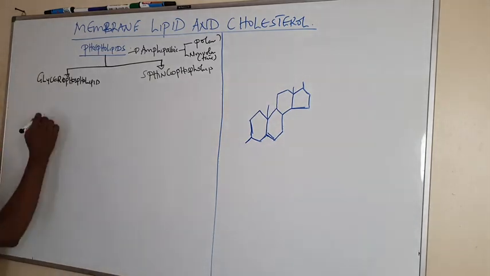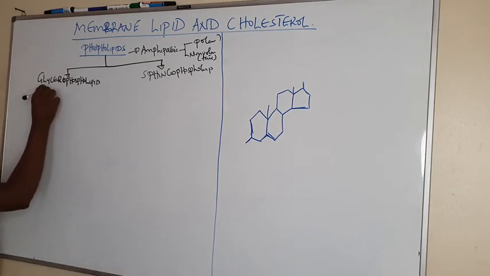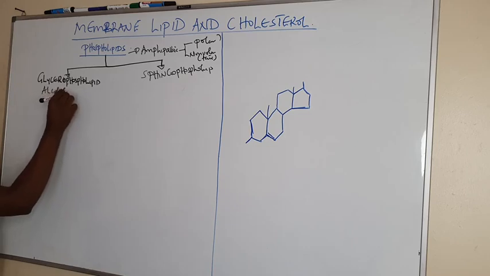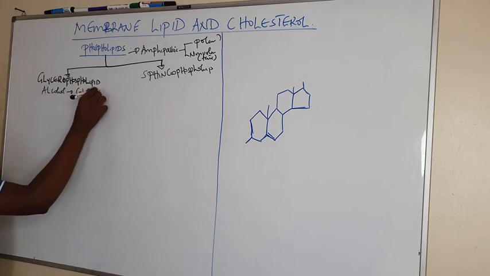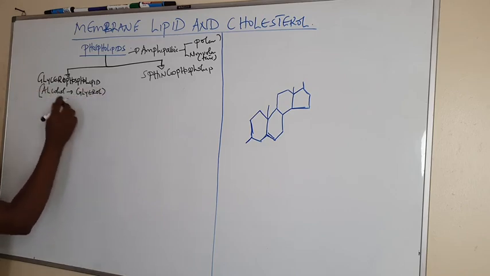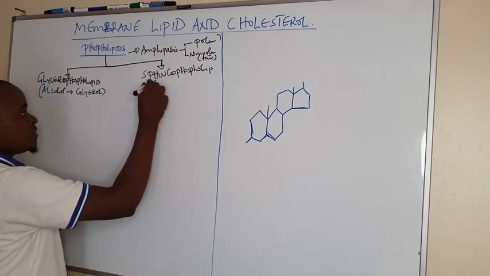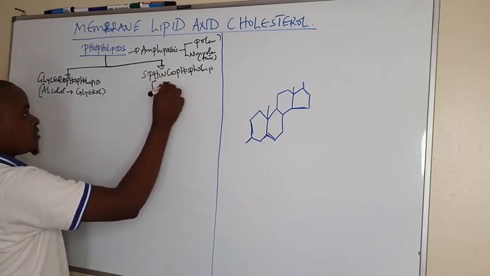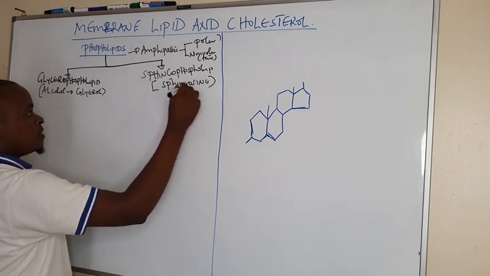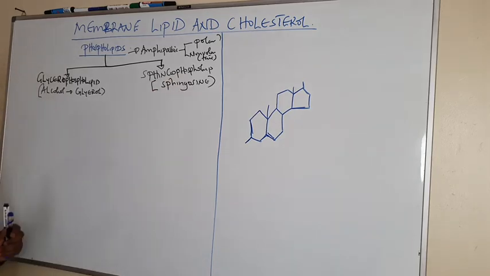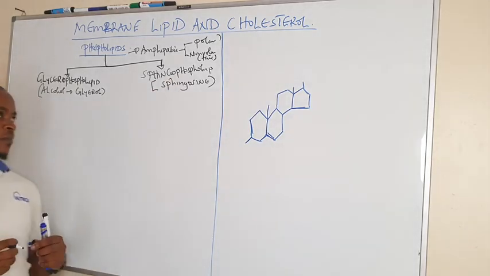And these ones are called glycerophospholipids because the alcohol backbone is glycerol, whereas these are sphingophospholipids because the alcohol is sphingosine. Sphingosine is the alcohol found in sphingophospholipids.